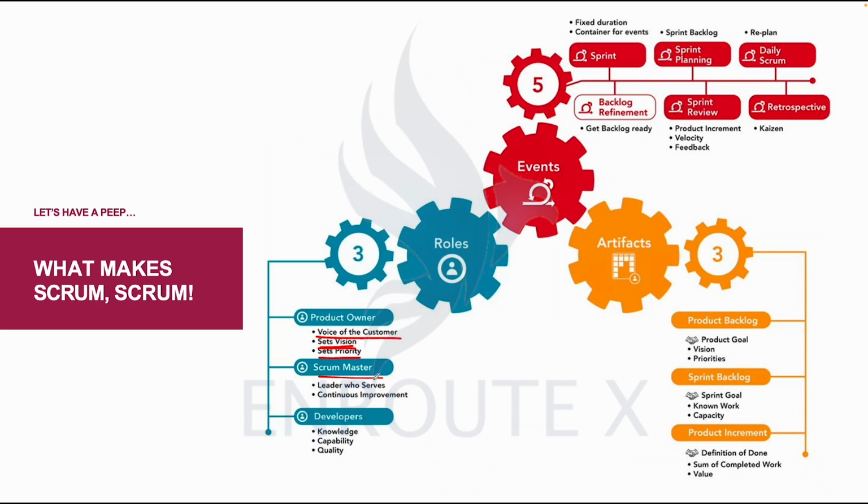So he is saddled with the responsibility of ensuring everyone focuses, everyone develops and delivers on the pattern laid out by Scrum. He is a leader who serves, and he ensures there's continuous improvement on the team.